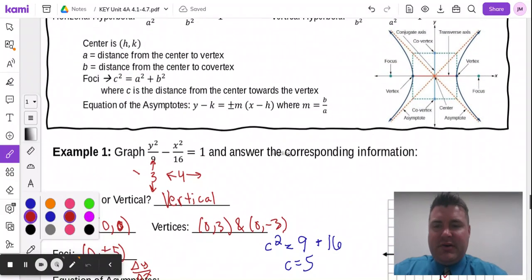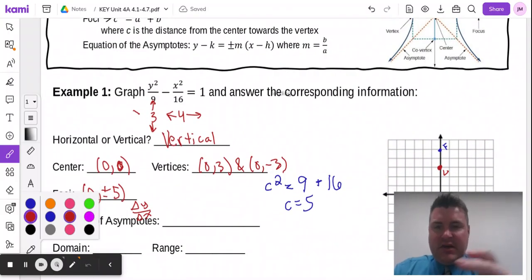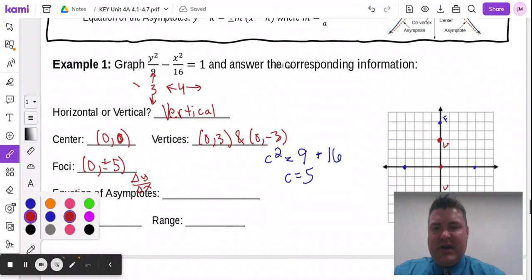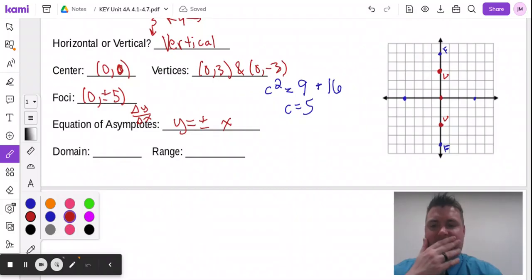I'm just scrolling up here to show what the m represents. The equation of the asymptote is right there at the bottom of the box, as you can see. Because there's no h and no k here, I'm just going to do y equals, and there's two asymptotes, so plus and minus, and then this is going to be x times the m value, and this is what m is equal to.